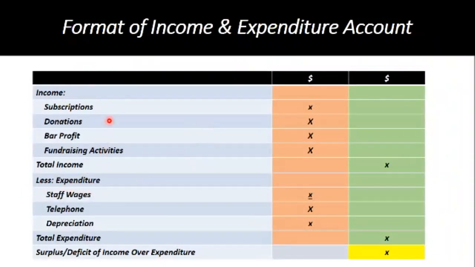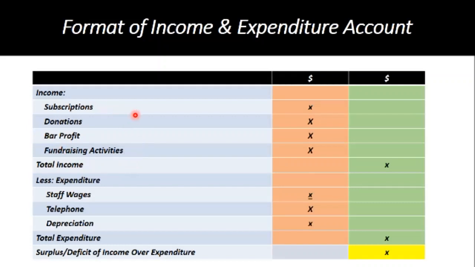And these two could be done side by side, or you could do it in this one under the other. All right, this method is preferred, and I think when CXC prepares your answer booklet, it's going to come something like this rather than side by side. Okay, the sources of income again is subscriptions, donations, bar profit, fundraising activities.